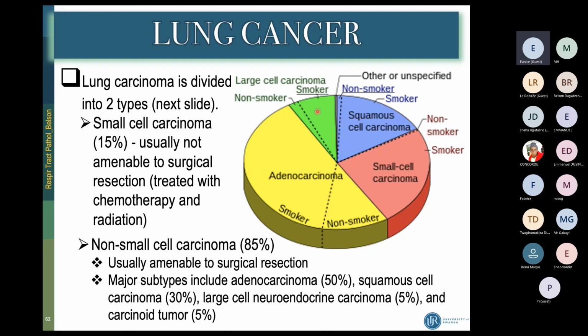Ariko icyo nshaka kugarukaho ni iki, nuko iyo bavuze small cell carcinoma of the lung, muri context yacu bivuze ngo umurwayi afite small cell carcinoma of the lung, it means death. Nta bundi buryo bwo kumuvura buhari, biba bisobanuye ko no gutegereza agapfa, nta kindi kintu. So that's why they categorize these two.